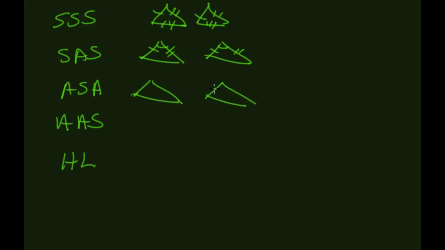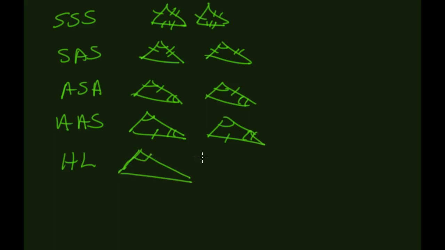ASA is two angles with the included side. AAS is two angles with a non-included side, and HL only works in the case where we have right triangles and you have a hypotenuse and a leg being congruent.